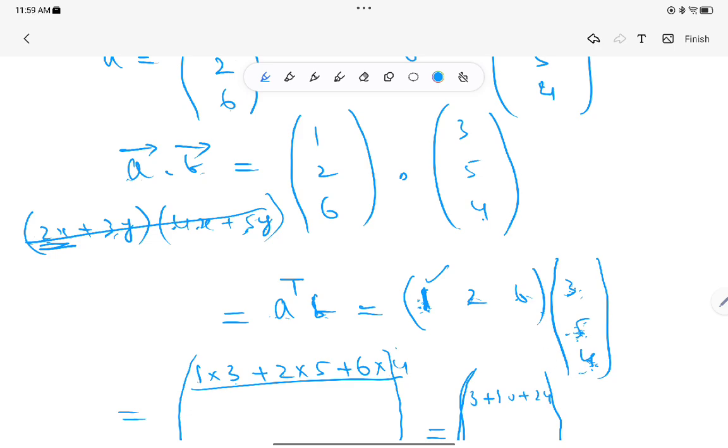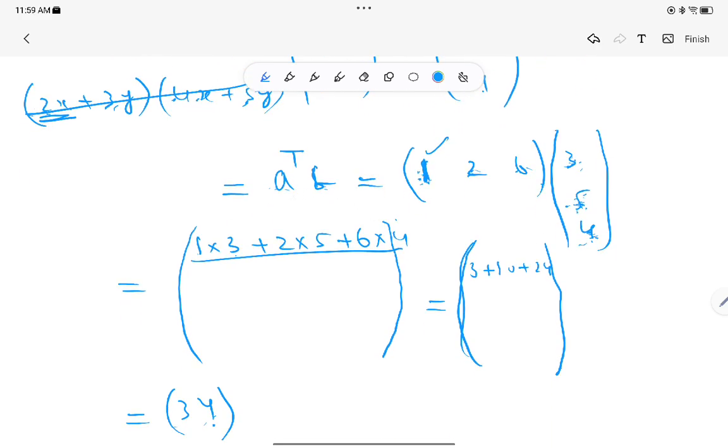Because if we adopt this technique, then we can define multiplication of matrices simply like this definition of dot product of two vectors. That means when we multiply two matrices, we need not learn anything new. This will be applicable to that.